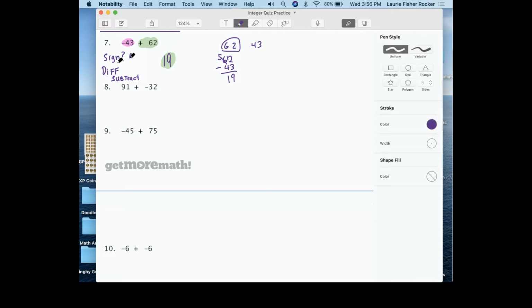So the sign has to be the bigger absolute value, meaning which one had more, negatives or positives? Okay, if we are officially comparing, we know that if we had to say 43, 62, the negative is smaller. But we're not talking about that. We're talking about the magnitude of it, how big it is. We're basically talking about the absolute value.